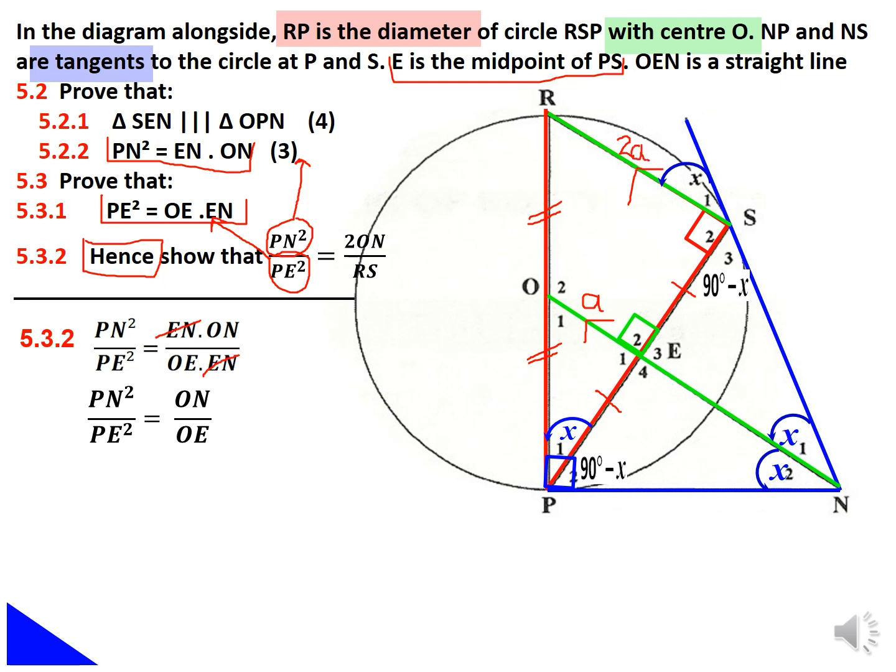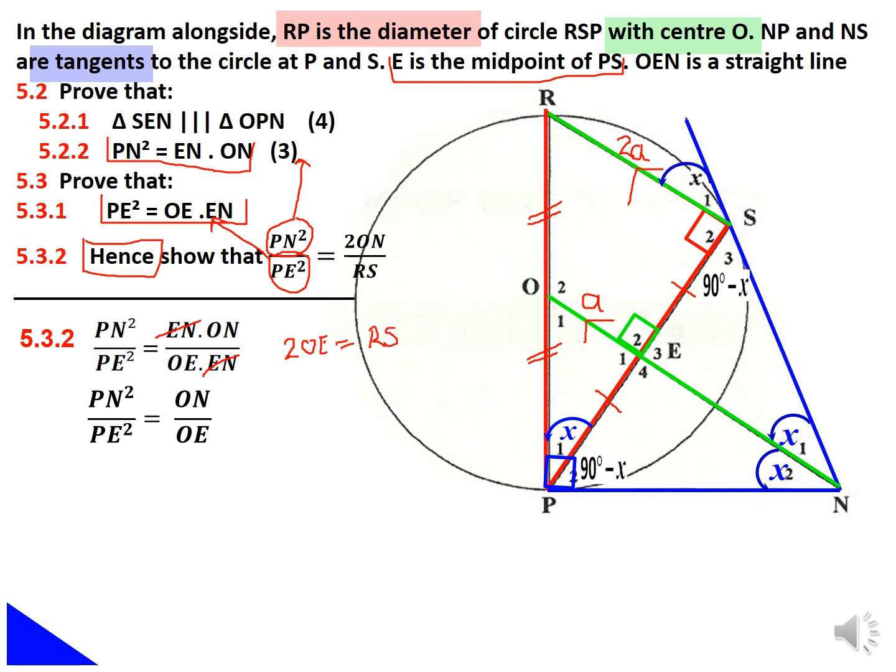So what it means for us is that if you multiply 2 by the line OE, then the answer that we get must be equal to the line RS. This is according to the midpoint theorem.